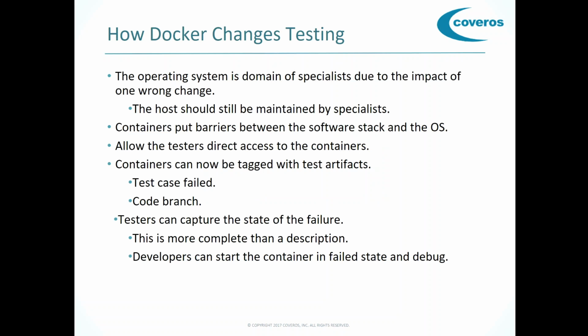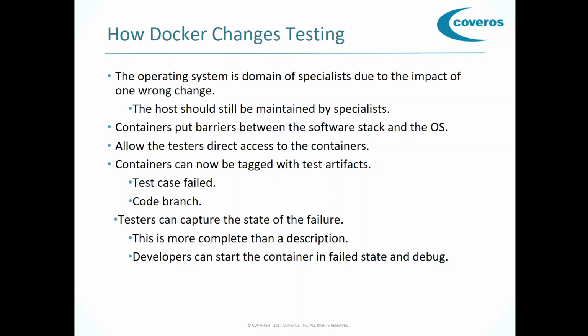So the operating system, because of what it was, used to be the domain of specialists due to the impact of one wrong change. If you're managing an entire operating system and you're having several different services run on top of it, one wrong change or one wrong configuration tweak could bring down all of those services and impact many people at once.